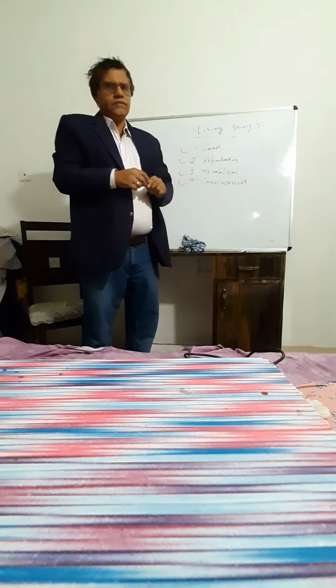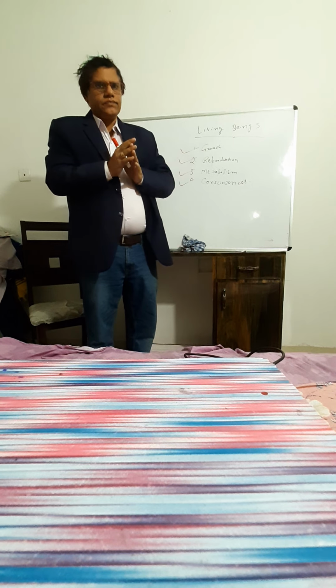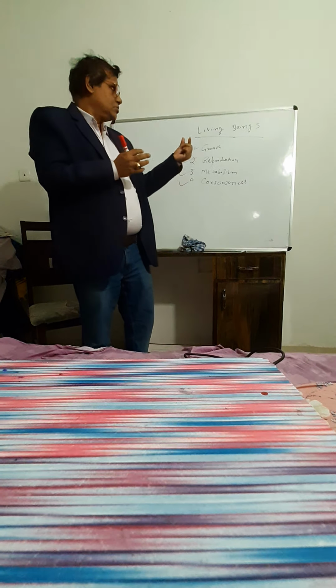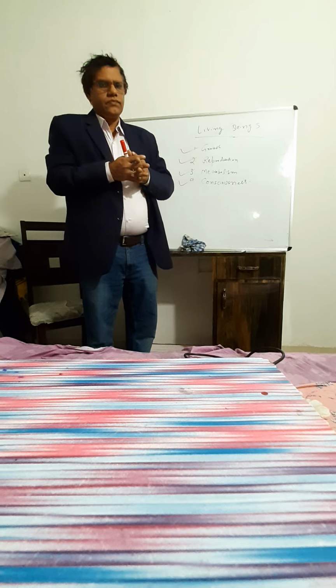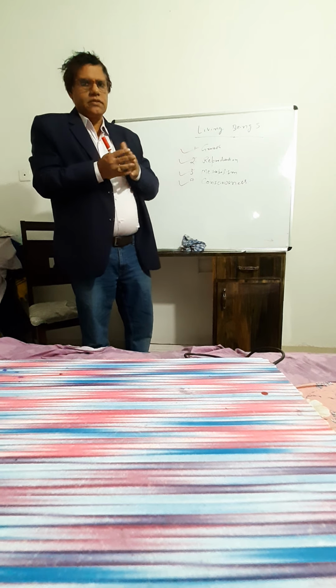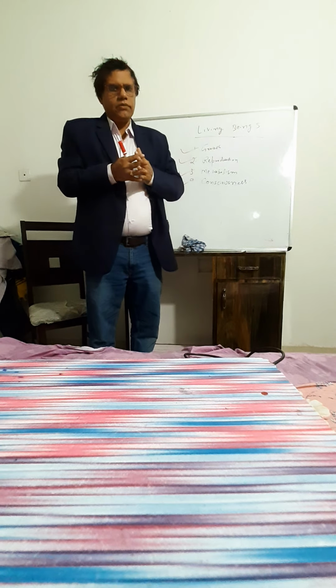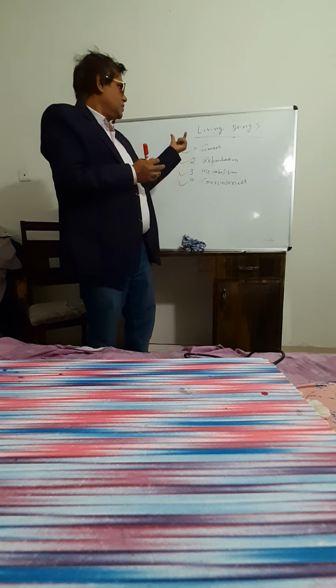So what is growth? Growth is actually of two types, that is extrinsic growth and intrinsic growth. Extrinsic growth takes place in non-living objects also, such as rock, ice, but intrinsic growth mainly takes place in the living organism. So growth is the characteristic feature of living beings.